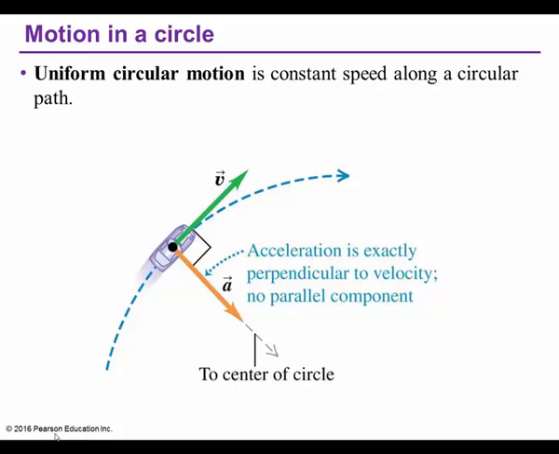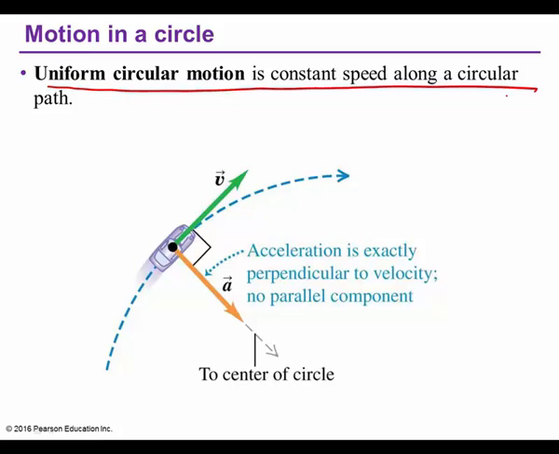All right. What about motion in a circle? I do want to go ahead and cover this. Now, notice it says uniform circular motion. One thing about uniform circular motion is that you will have, now please write this down, constant speed. Okay? Now, if we have constant speed, Mr. Shields, we cannot have acceleration.